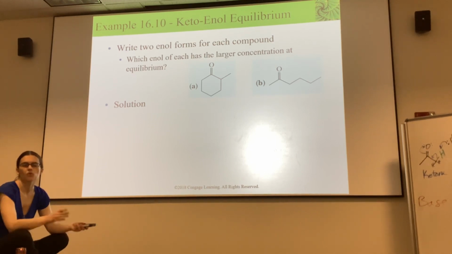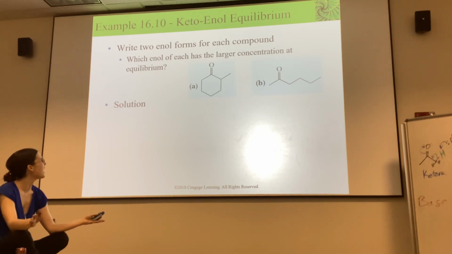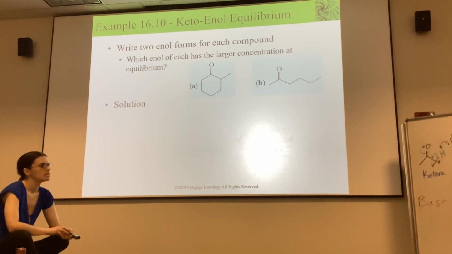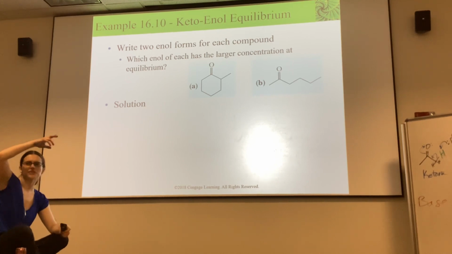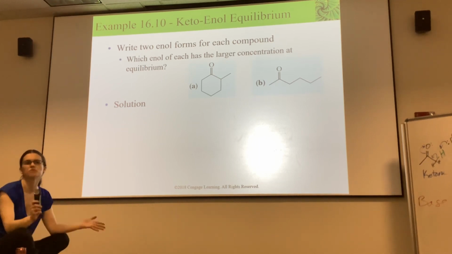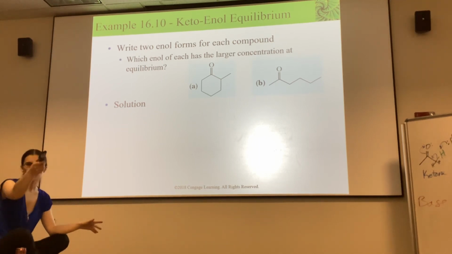Do you guys remember which, if I'm gonna make an anion, is it gonna be more stable if I have CH3 negative, a carbon with 3 hydrogens and a negative charge, or if I have a carbon with 3 methyl groups and a negative charge? Which one's more stable? 3 methyl. Right.